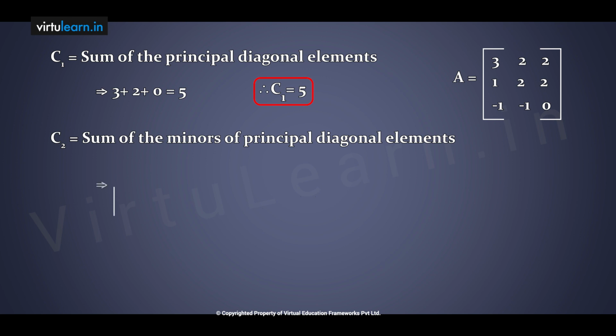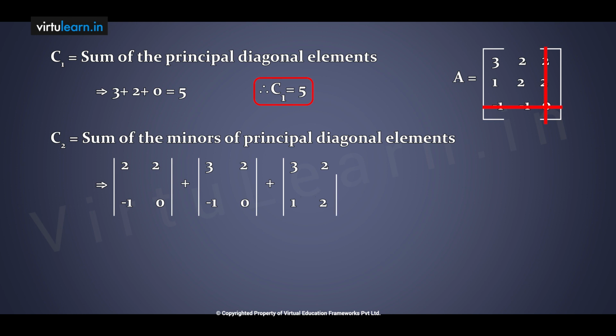Minor of 3, after deleting the first row and first column, is the determinant of 2, 2, -1, 0, plus the minor of 2: delete the second row, second column, then the determinant of 3, 2, -1, 0, plus the minor of 0: delete the third row, third column, then the determinant of 3, 2, 1, 2.